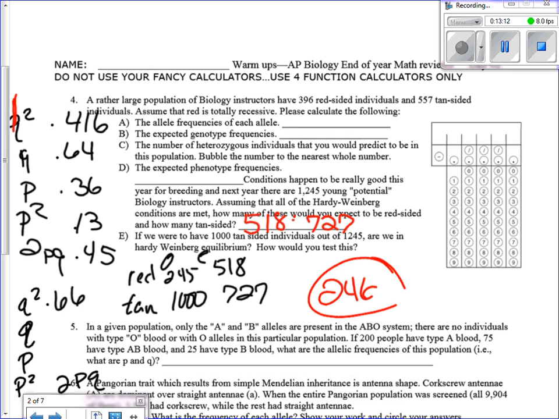Do I have to do P and Q for this? Actually, yes, I do, for the allelic frequencies. P is 0.8. Q is 0.18. Okay, do I have to do any more? No, that's a number.